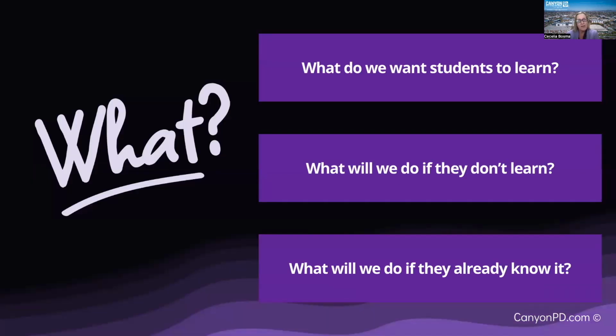So what is it that we're going to be doing with our collaborative groups? We want our students to learn. And in collaboration, this is where we can help our students optimize their learning.